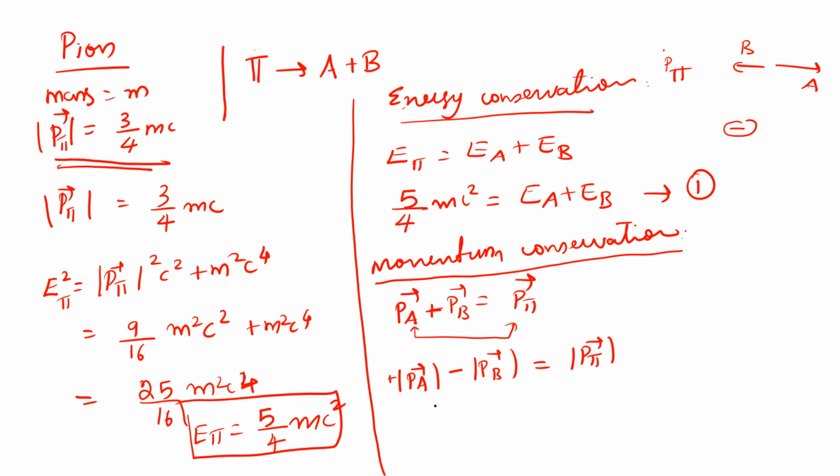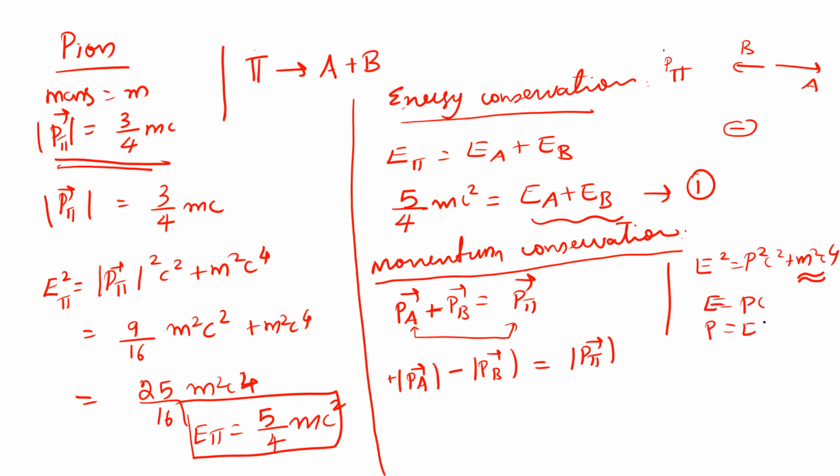Is that clear? Now for a photon, what we need to find is the energy. So what's the expression for the momentum of a photon? We know that E squared is equal to p squared c squared plus m squared c to the power 4. For a photon, the mass is 0, so E is equal to pc.